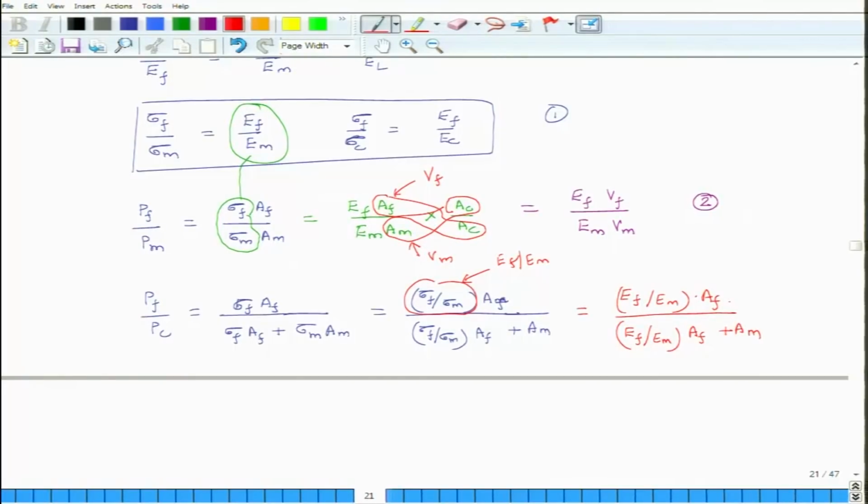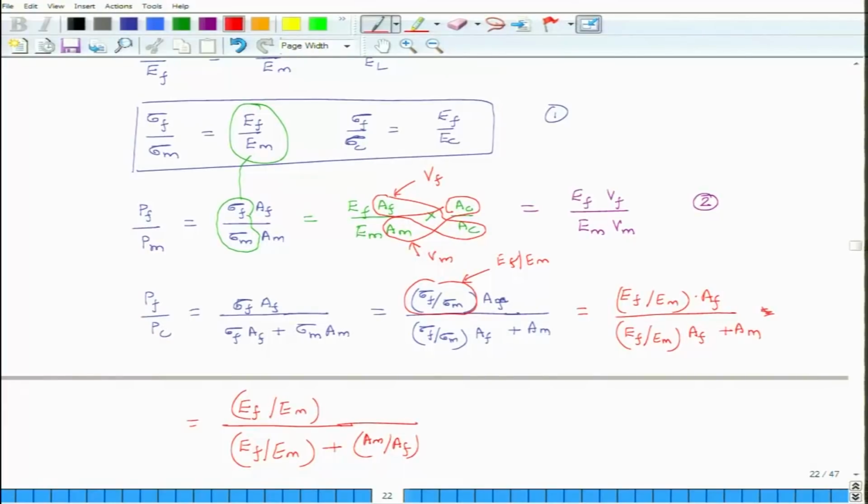And then you divide the numerator and denominator by AF. So, you divide this numerator and denominator by AF. So, what do you get? You get EF by EM by EF by EM plus AM by AF.